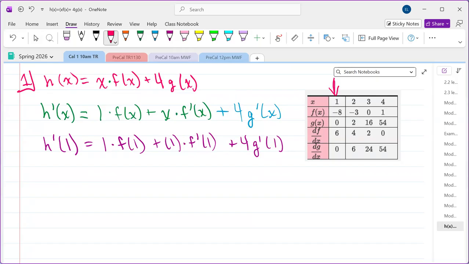All right, so since we're looking at h prime of 1, I'm going to focus on the column where the x value is 1. So when they ask for f of 1, f of 1 is -8. F prime of 1, that's df dx at 1, that is 6.